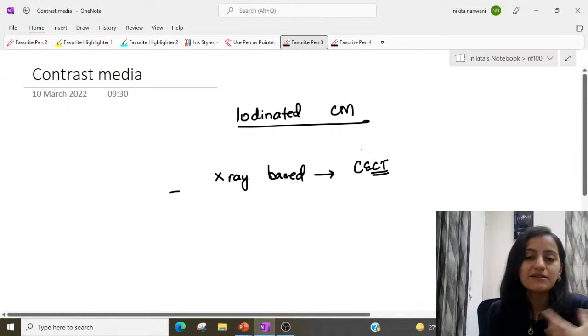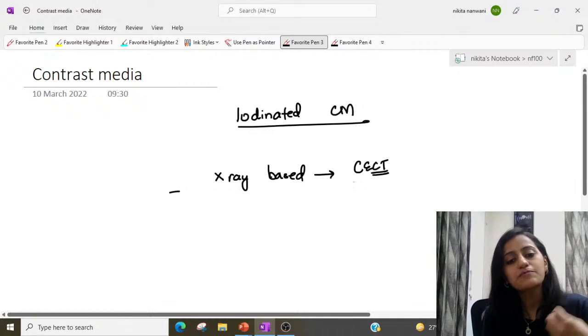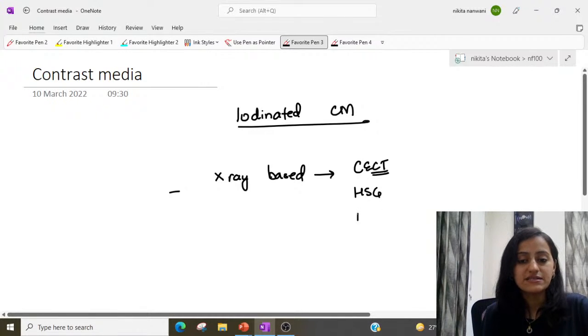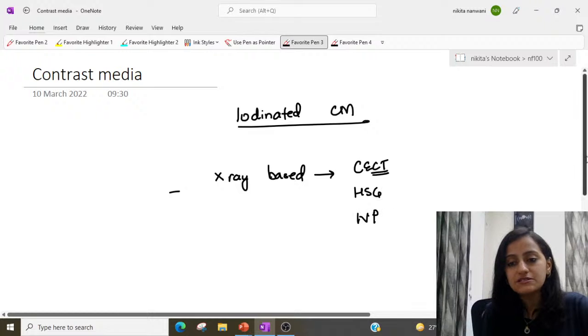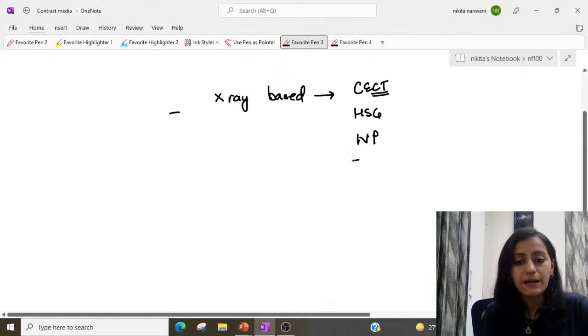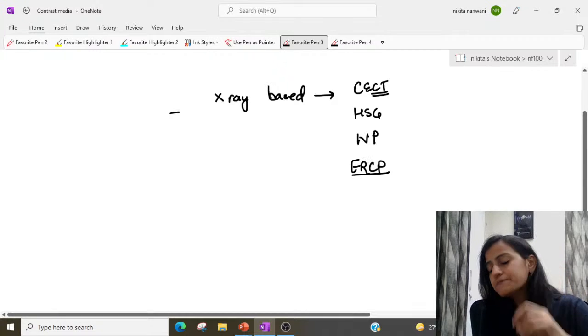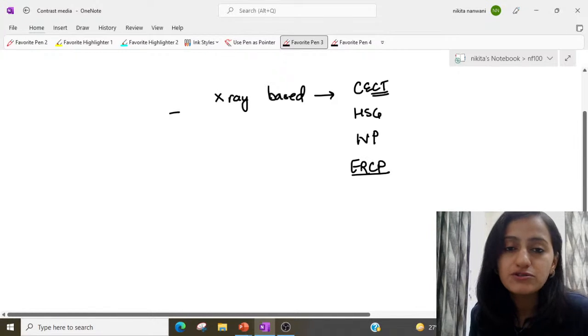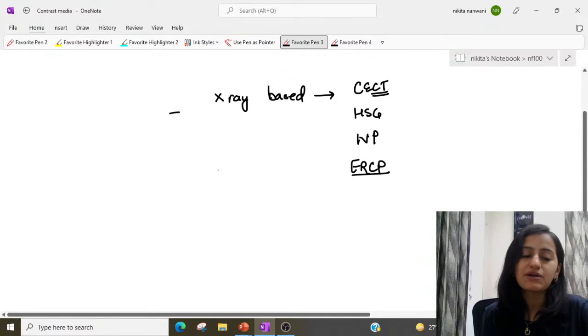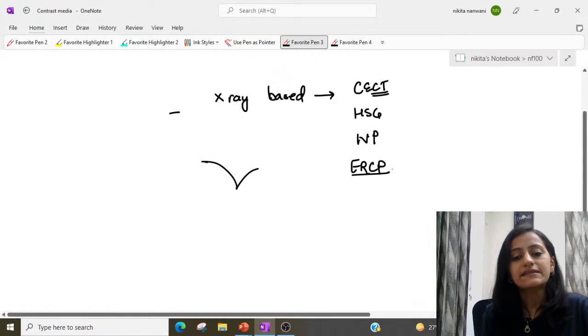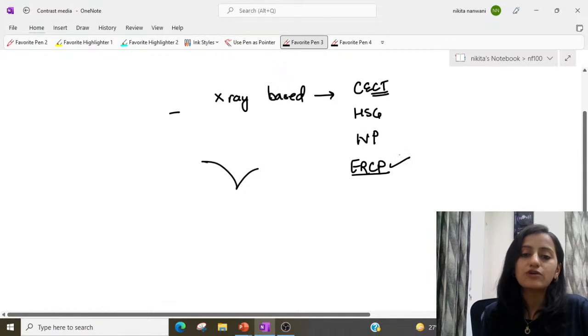CT is nothing but three-dimensional X-ray. It could be your contrast X-rays, like HSG is a contrast X-ray. IVP, intravenous pyelogram, hysterosalpingogram, even ERCP, where under fluoroscopy we do the procedure for the biliary tract and the pancreatic duct. There also we use iodinated contrast.